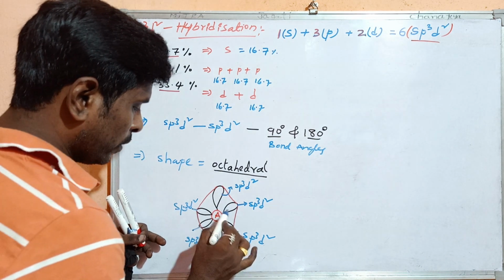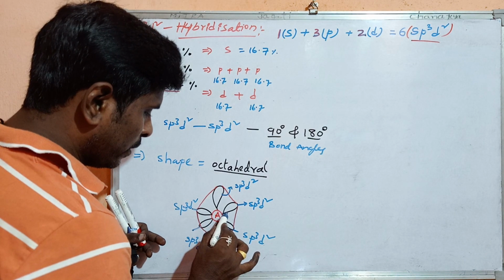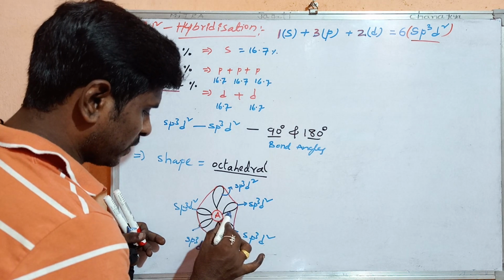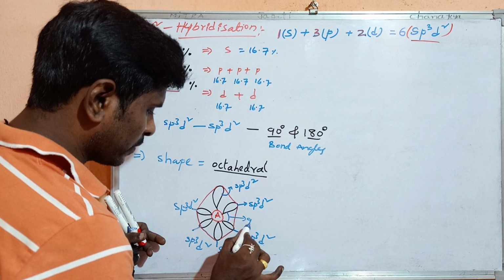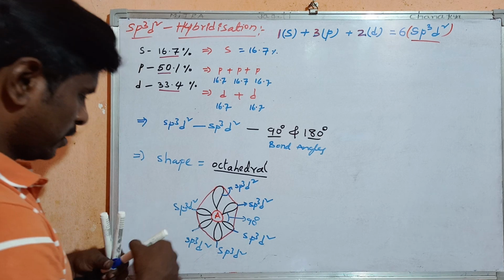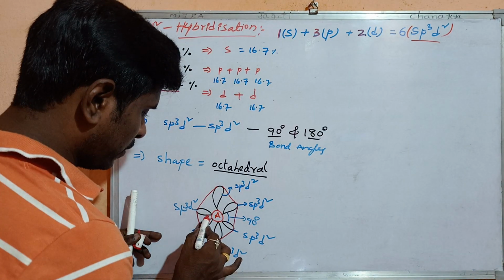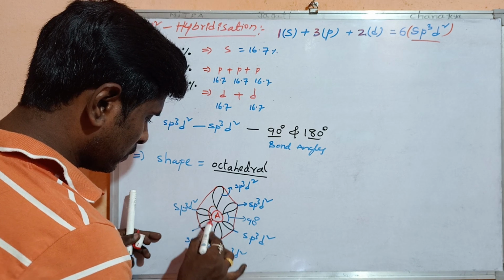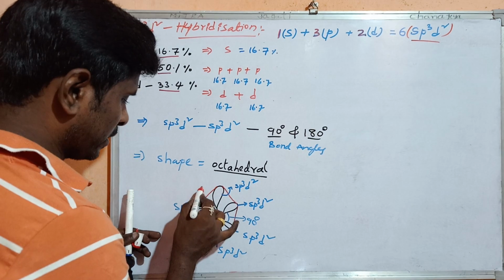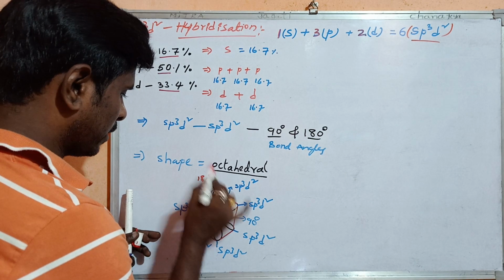Now the bond angle between these two is 90 degrees. The bond angle between these two is 90 degrees. Now the bond angle between these here is 180 degrees.